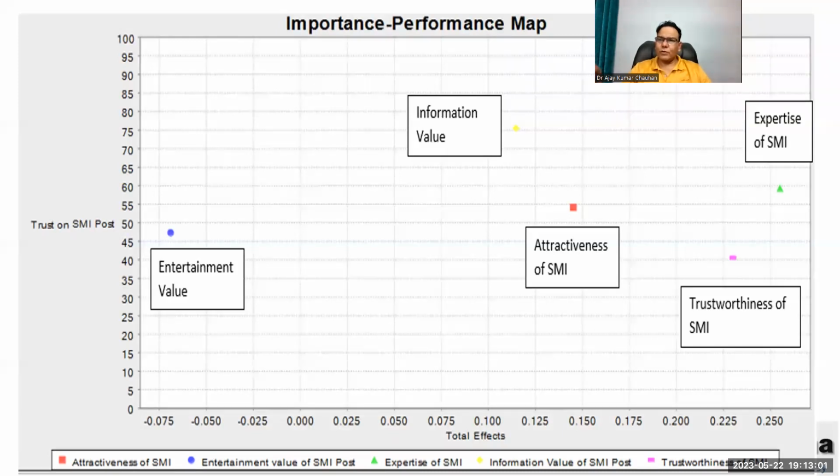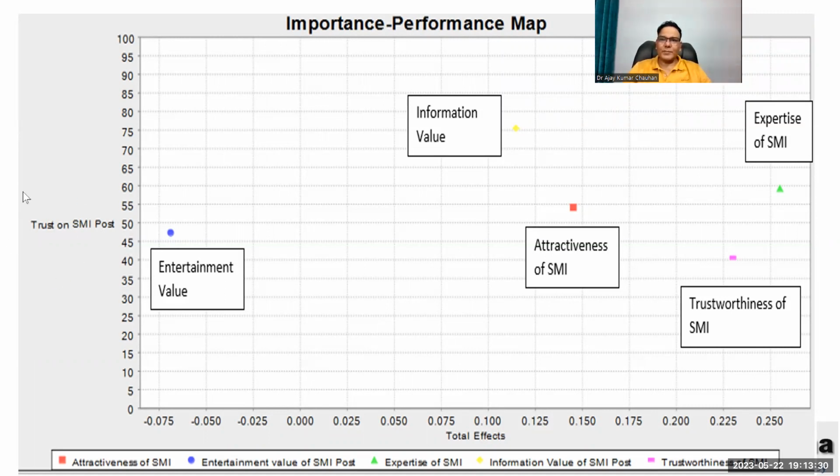This research focuses on how they impact customer response. For example, if some social media influencers say that this cream is very good or this food is very tasty, whether the consumer responds to it or not. That was the question.